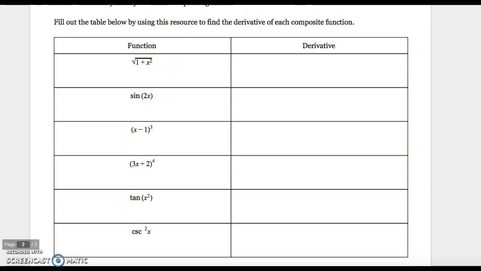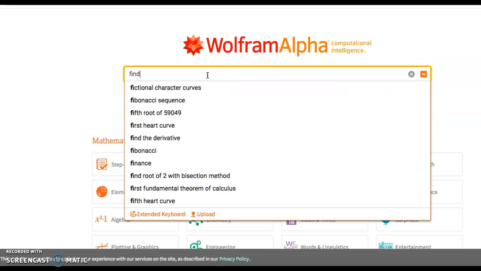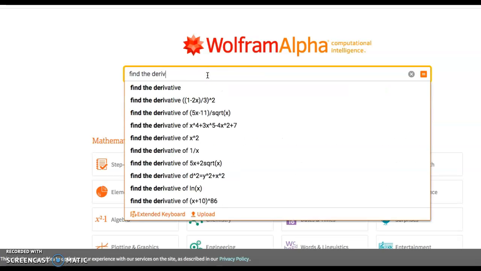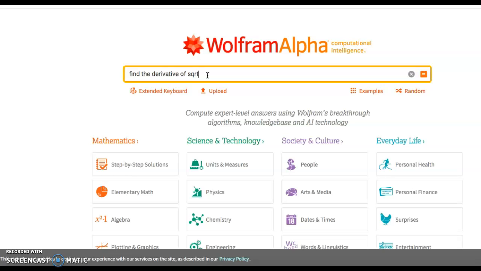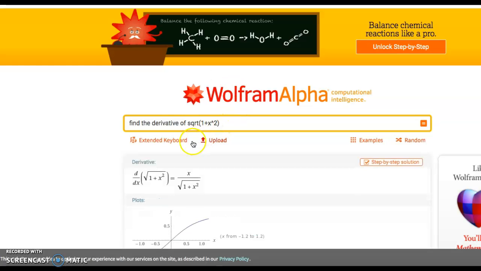So I'm going to go to Wolfram Alpha, and it's square root of 1 plus x squared. So I'll type in here, find the derivative of square root of 1 plus x squared. All right, so they give me x over the square root of 1 plus x squared.